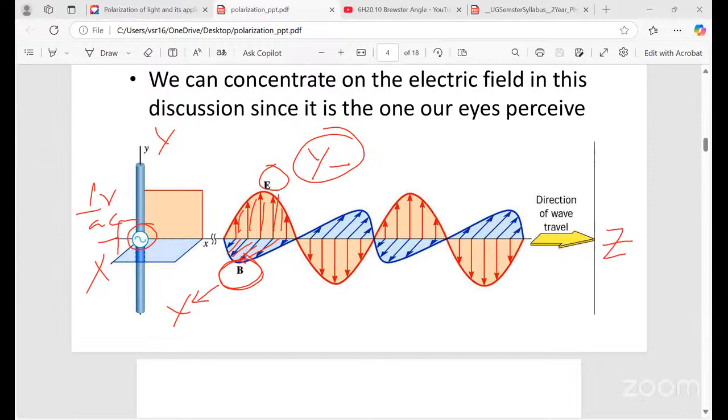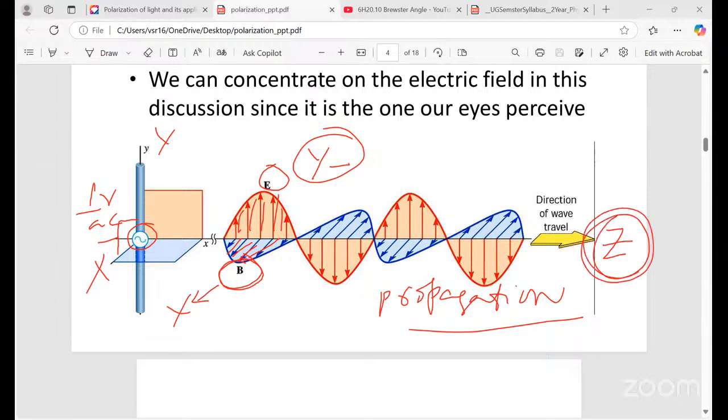The thing is that these are vibrating in different directions, but the propagation is along the z direction. Okay. Whatever it may be in place of x, y, z, either x or y or z, depending upon your choosing point.